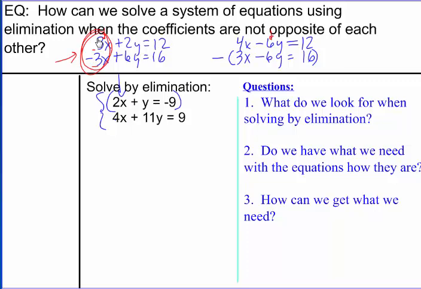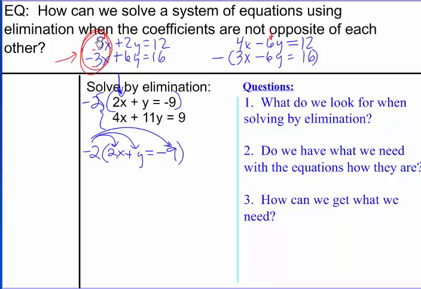If I decide to eliminate the x variable, what do I have to multiply that equation by so that my x's will be opposite of each other? If you multiply by a negative 2, we have negative 2 times the 2x plus y equals negative 9. Then distribute, so I'm going to multiply everything, including the constant at the end, by that negative 2.